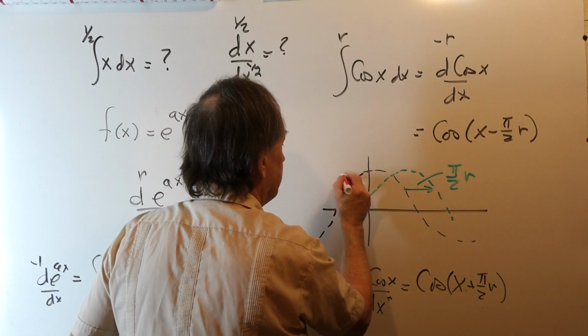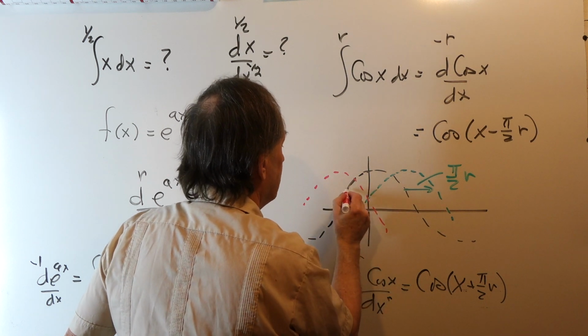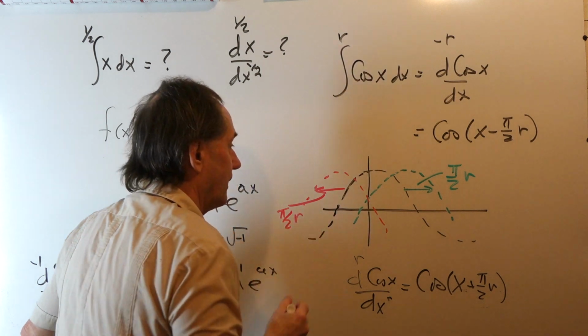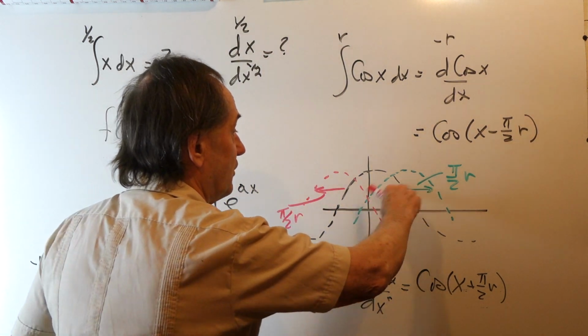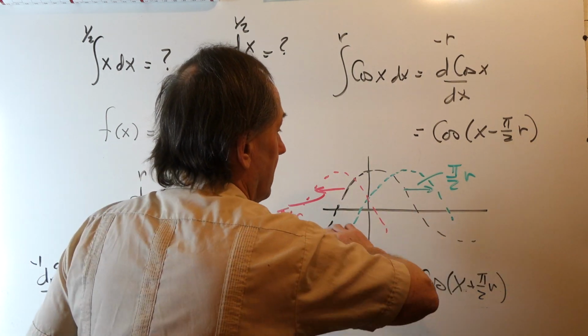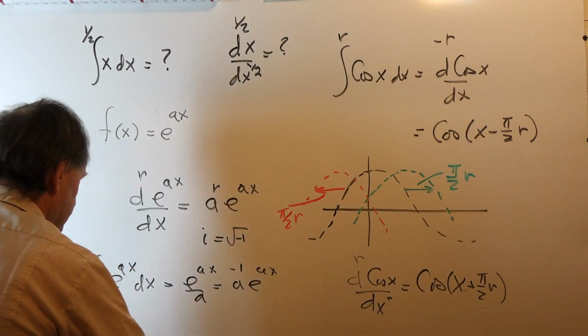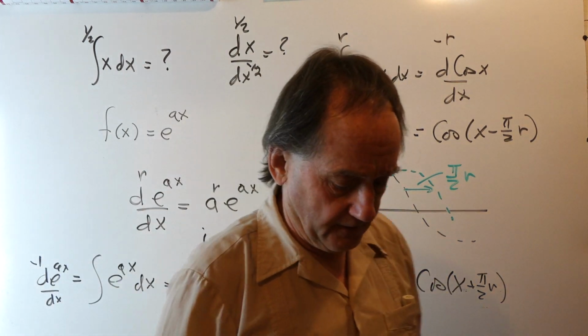So now the cosine function ends up over here, shifted by pi over 2r. So integration shifts a sinusoid, a cosinusoid, to the right. Differentiation shifts it to the left. And you end up with the same function, just phase shifted.